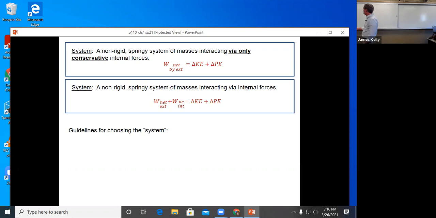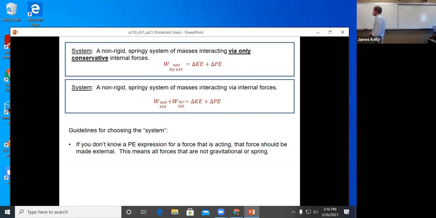So let's look at that. I didn't put the work kinetic energy theorem on here, but here is our latest one, which is only true for conservative forces, we now know. Non-conservative forces that are internal, you just leave on the left-hand side, but every conservative internal force, we're assuming you've put into a potential energy term on the right-hand side.